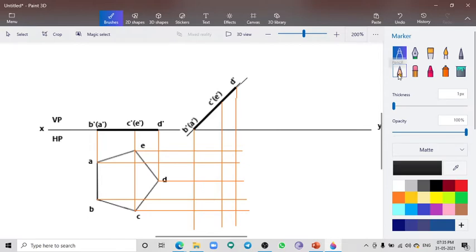Then we have to identify the points where the projection lines from similar points meet, which is the point on your second top view.